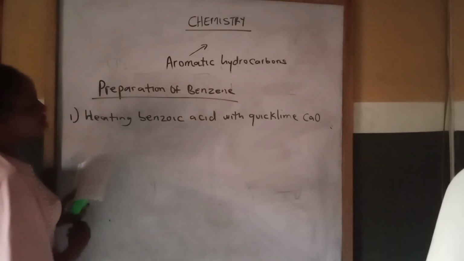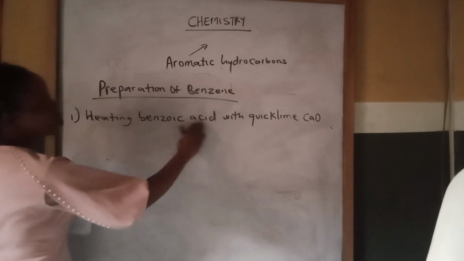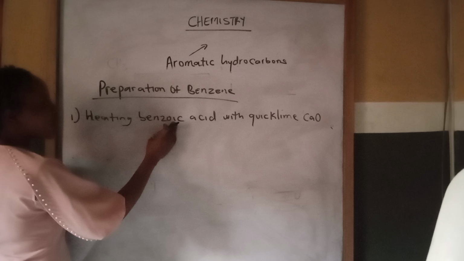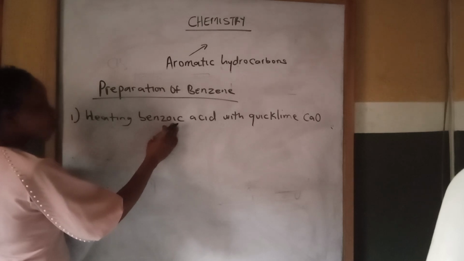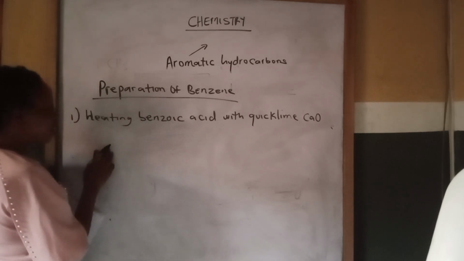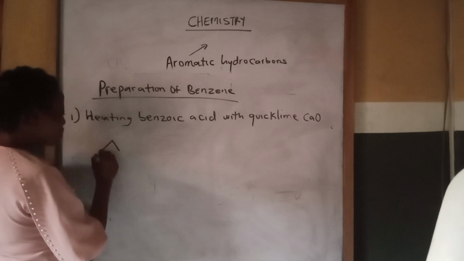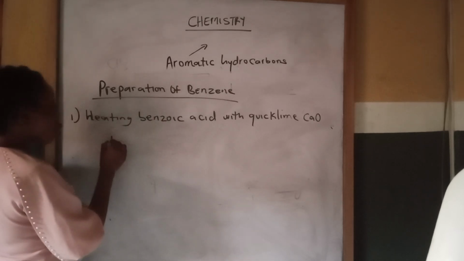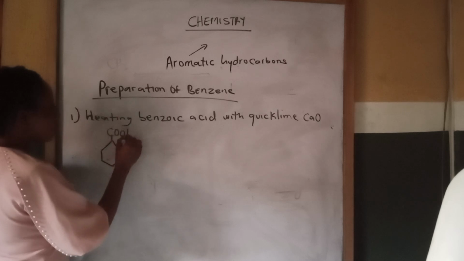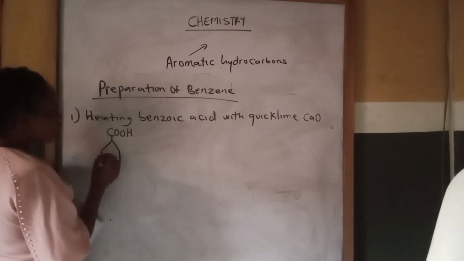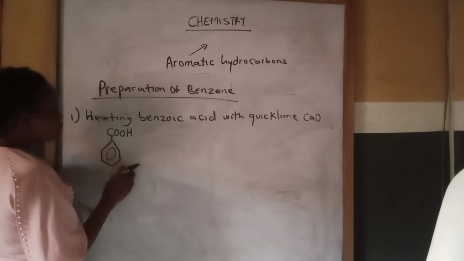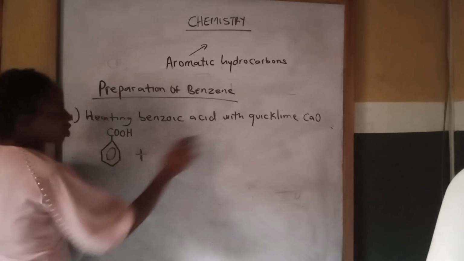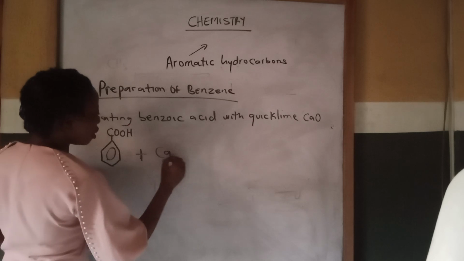So let's see the chemical reaction between benzoic acid and quicklime. Benzoic acid is when the oil, that is the functional group of alkanoic acid, COOH, is attached to the benzene ring. This is the benzene ring. So plus calcium oxide, CaO.